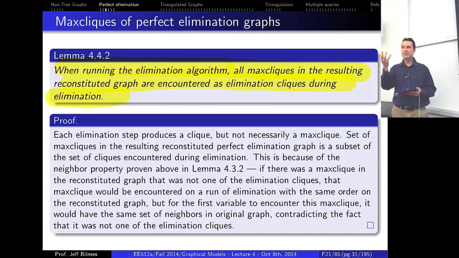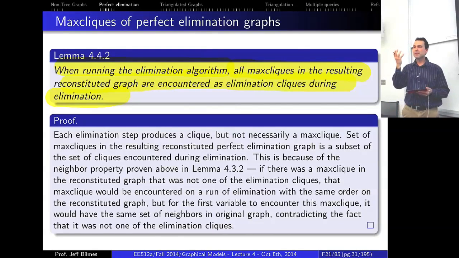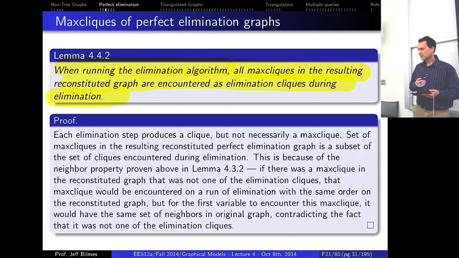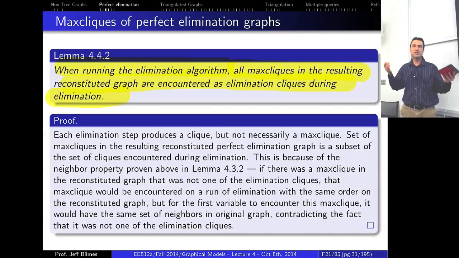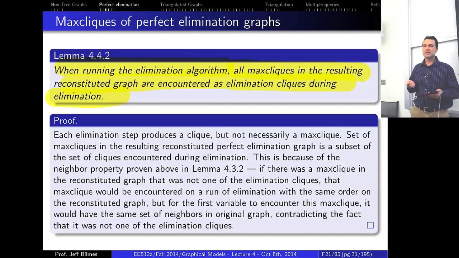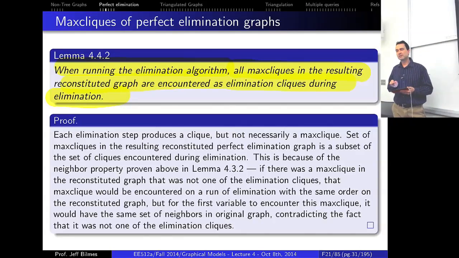Does that necessarily mean it's a max clique? And remember, a max clique is our name for a maximal clique. It's a clique that when we add any node to it is no longer a clique. There's some vertex that's not connected to some other vertex in that bundle of variables. So then we run the elimination process, right? We get this reconstituted graph, which we know to be a graph that has a perfect elimination order, or perfect elimination graph.